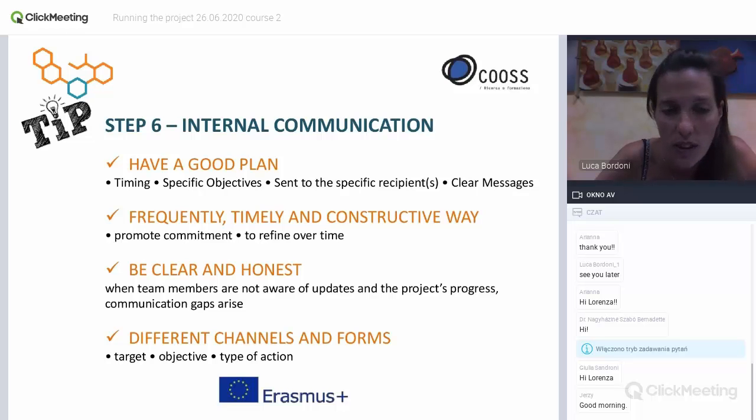So with my staff, I have to update them about the project progress, but also about the difficulties. Why not? In order to create a collaborative atmosphere and to guarantee that everyone can do their best to solve problems, and to use different channels of communication according to the specific recipient, but also to the objective I want to reach and the type of action.